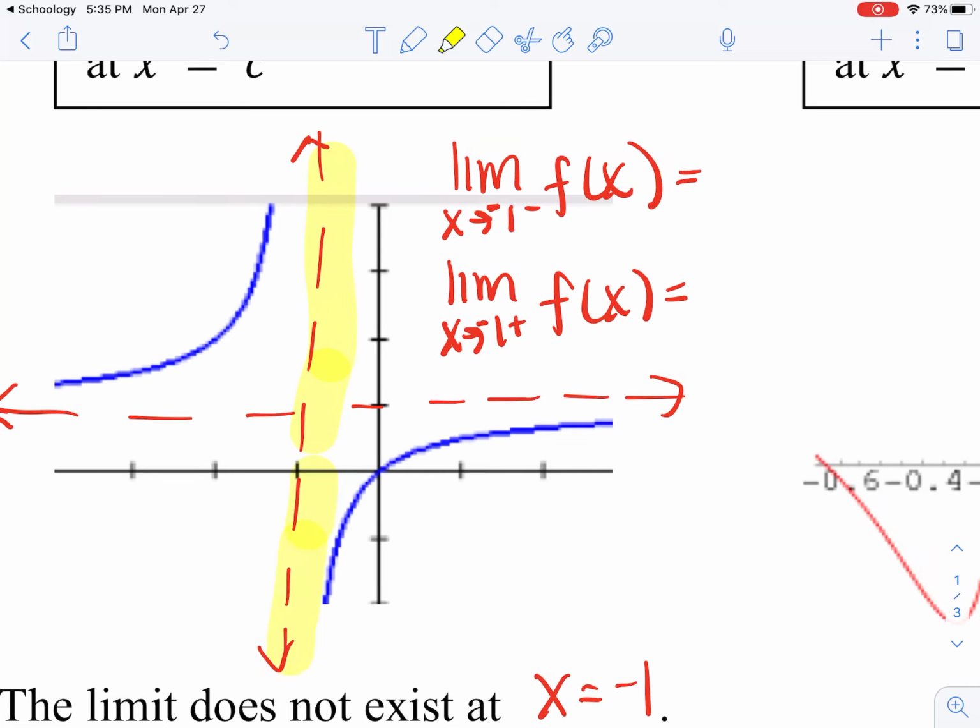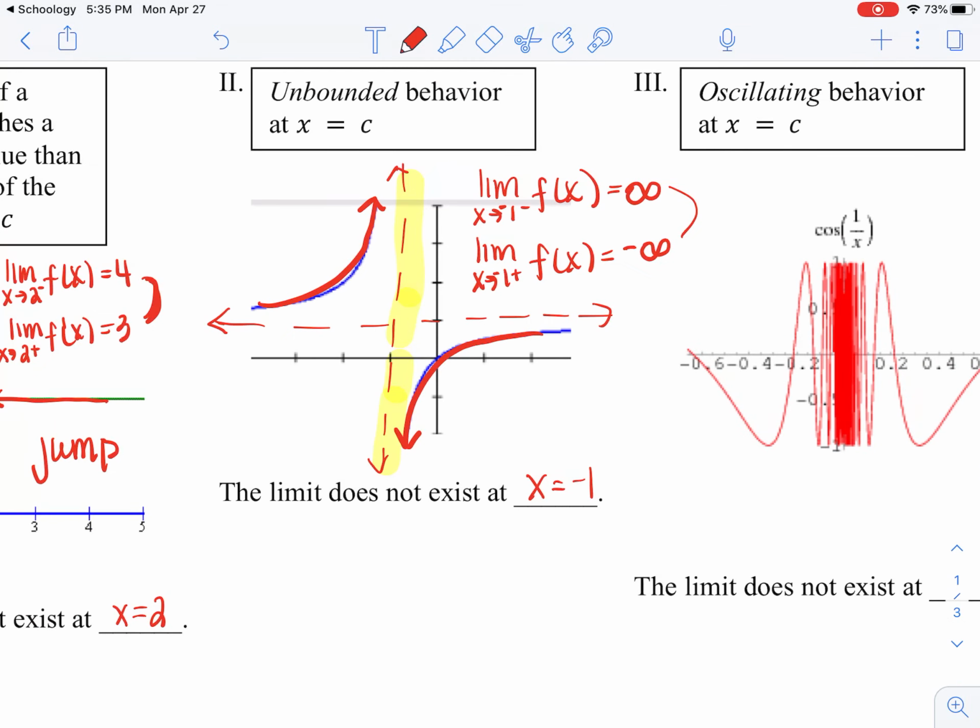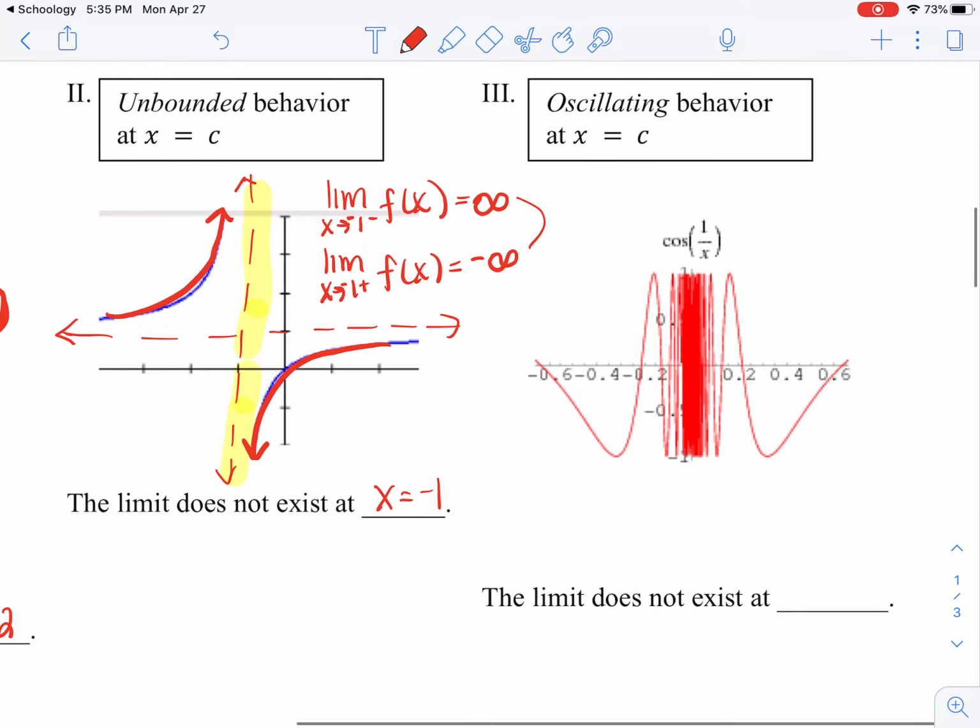So here's -1 where this asymptote is. If we approach -1 from the left, what y value am I getting closer and closer to? It's an arrow pointing upwards, so that's infinity. If you approach -1 from the right, what y value am I getting closer and closer to? Negative infinity. Since once again, these 2 are not the same thing, the limit does not exist.